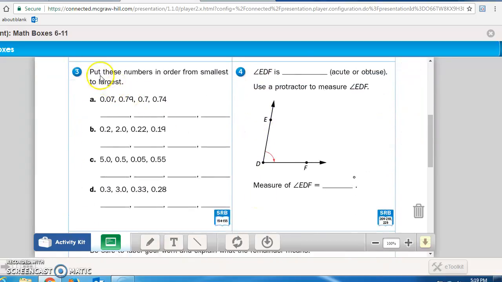Math box 3 states, put these numbers in order from smallest to largest. Math box 4, angle EDF is what kind of angle? Write that on the line. And then use a protractor to measure the angle and write how many degrees it is here.